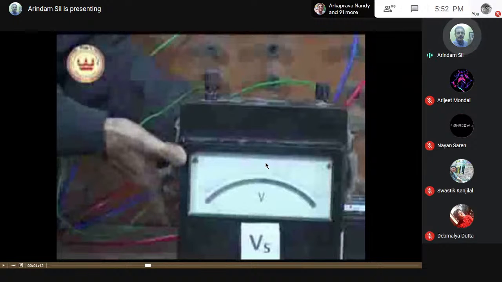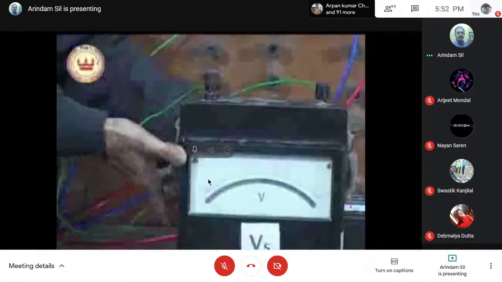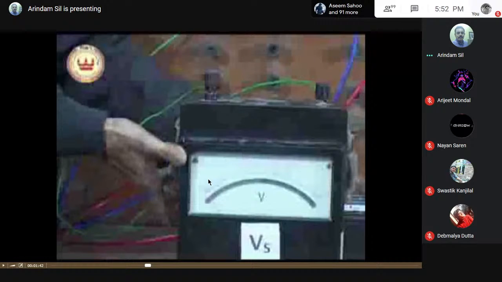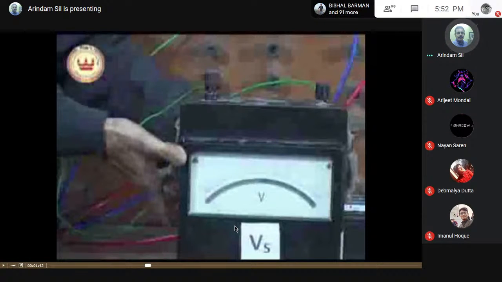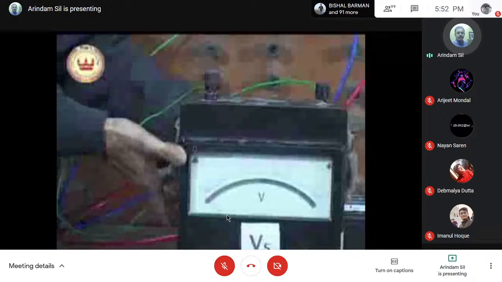Please take the set of data from him, do the needful calculation and the plotting of the phasor diagram. And you return it through email in one group only, around 5 or 6 people in one group, right?